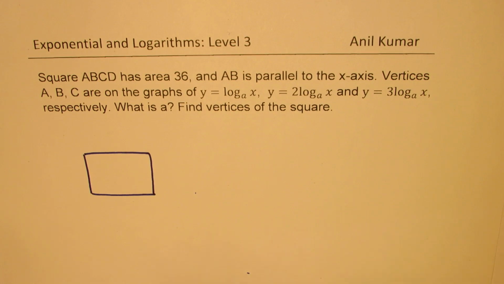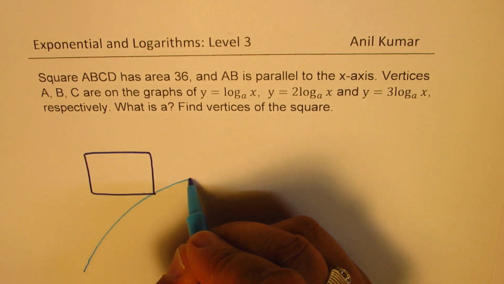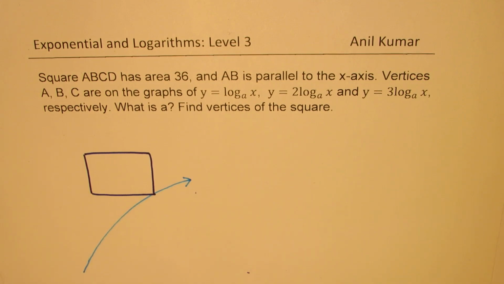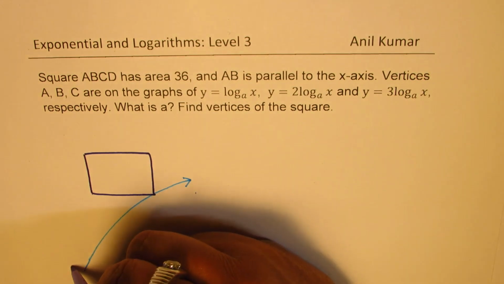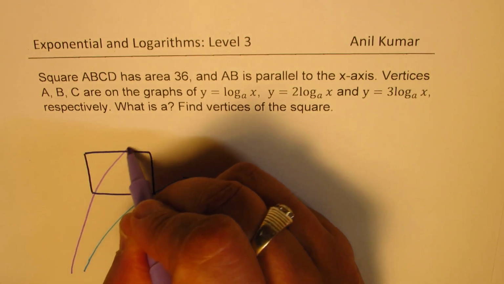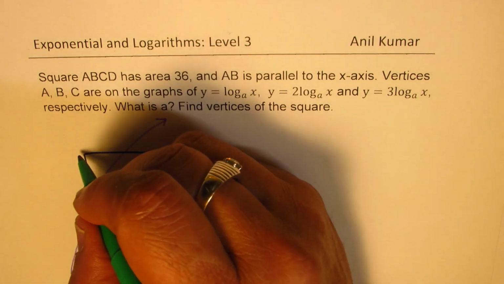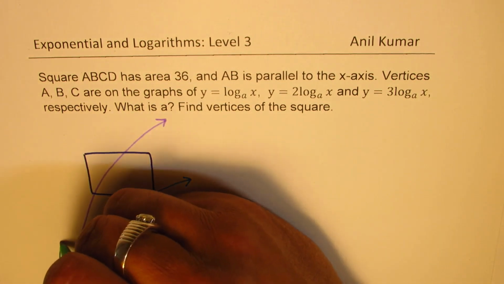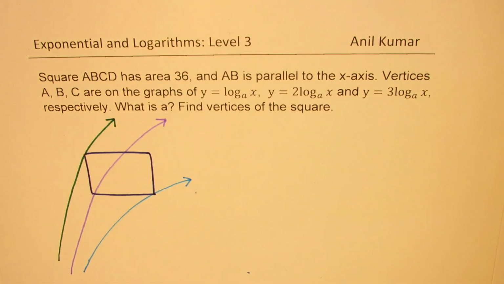The graph was such that this point A was on log to the base a of x. The second point was on the graph of 2 times this value, and the third point here was on the graph of 3 times log a x, right?